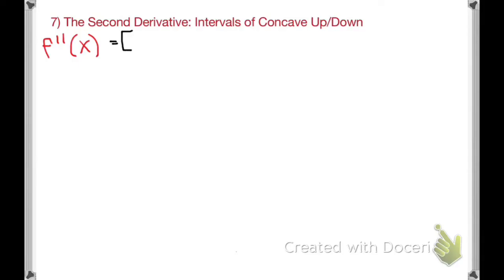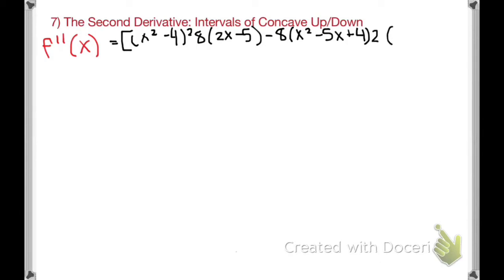Now when we do that, we're going to get x squared minus 4 squared times 8 times 2x minus 5 minus 8 times x squared minus 5x plus 4 times 2 times x squared minus 4 times 2x.